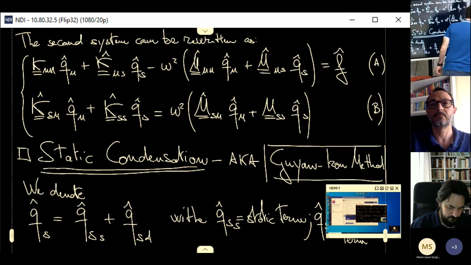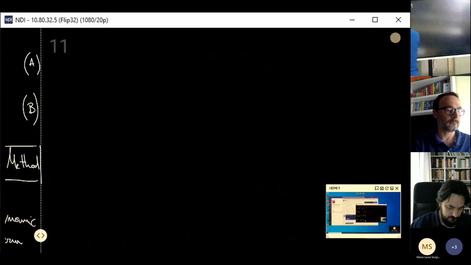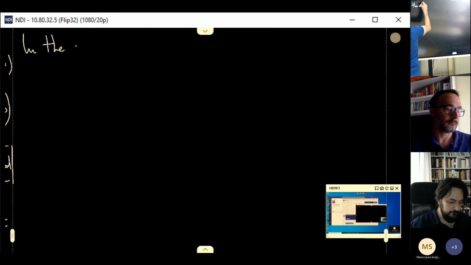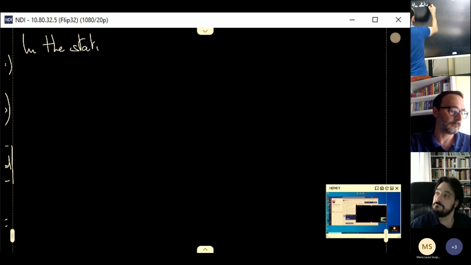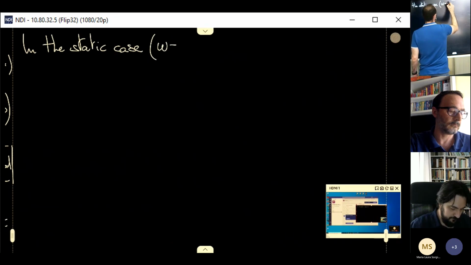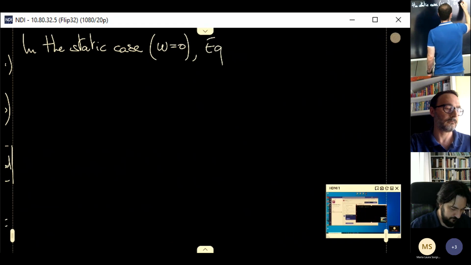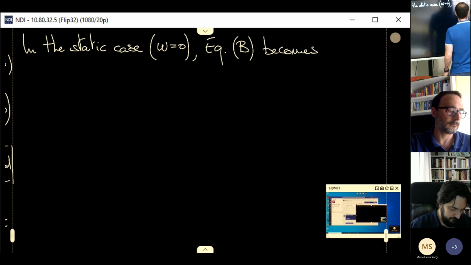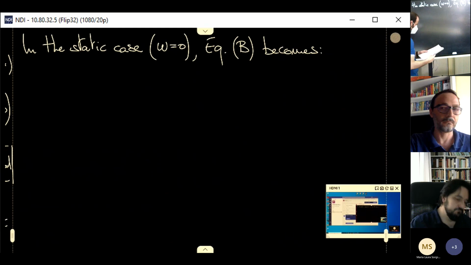Okay. So in the static case, omega equal to 0, equation B becomes as it follows.